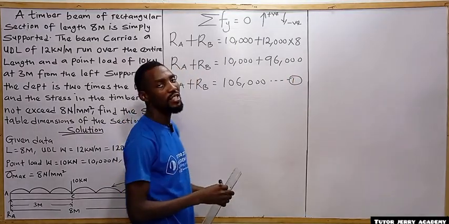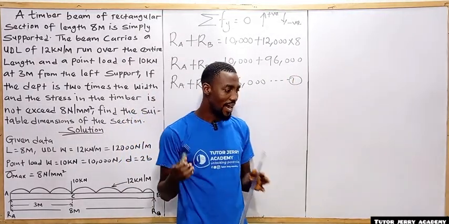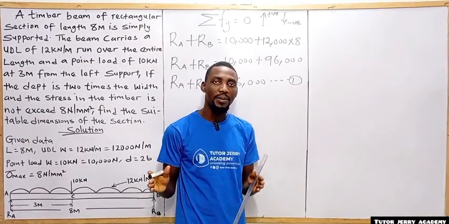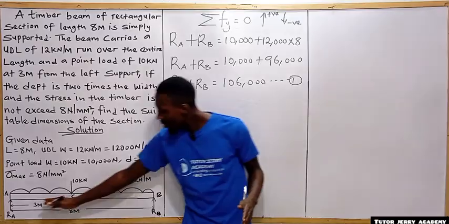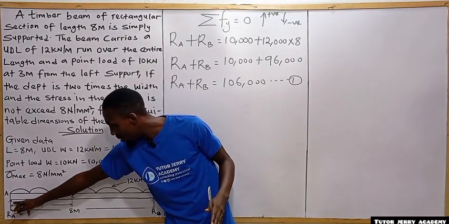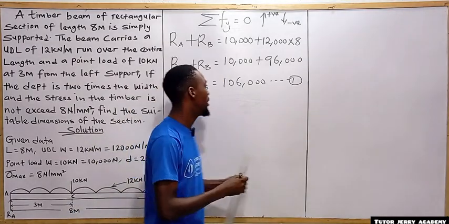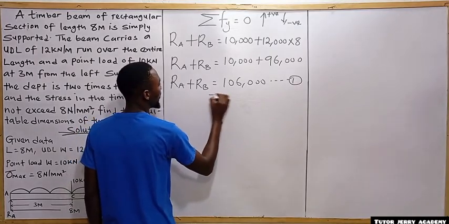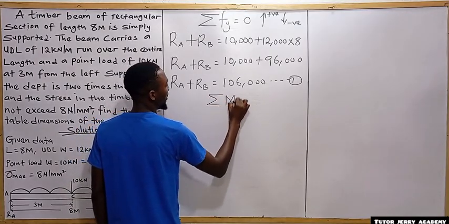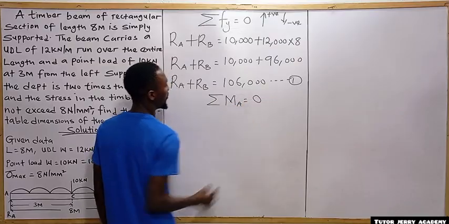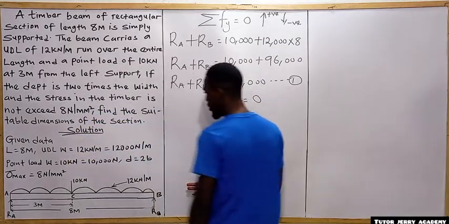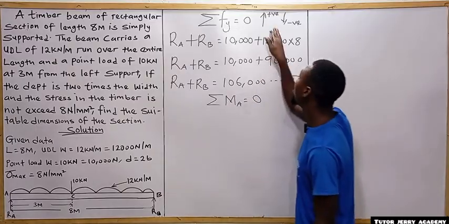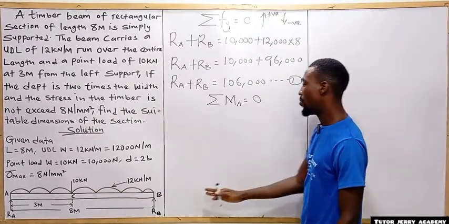The next thing we are going to do is take moments about point A. The summation of moment about point A should be equal to 0. Don't forget, we are still using the coordinate where upward force is positive.